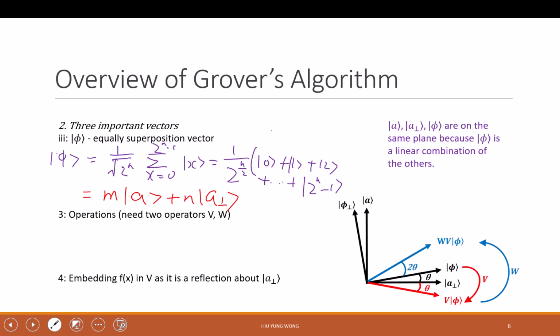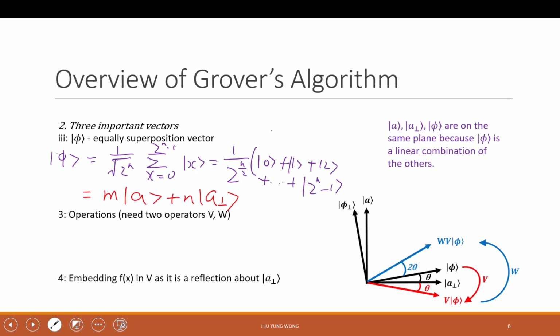How do we know what? How do we know phi has reached A? Yeah, so you apply based on theory, how many flips do you need? We are going to show you, which is about square root n.